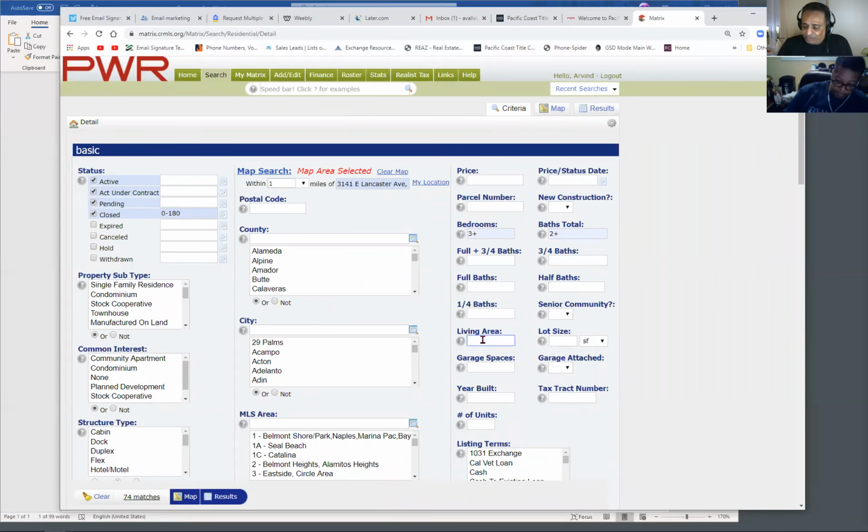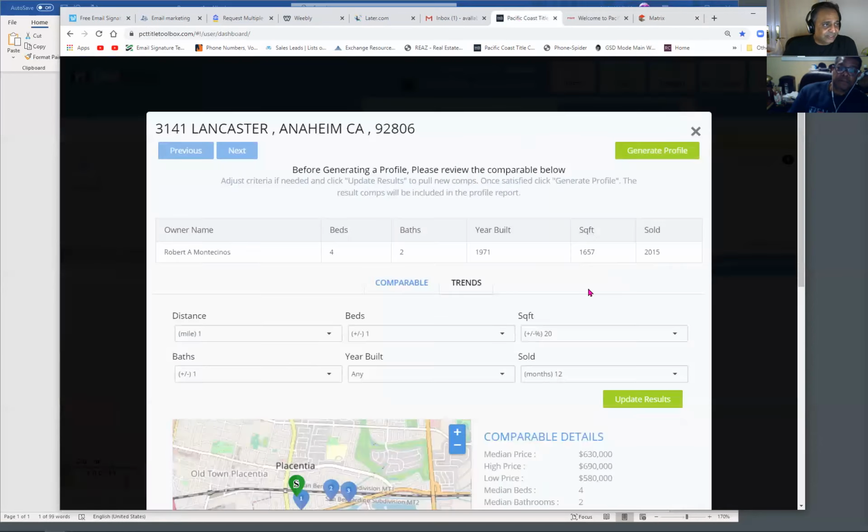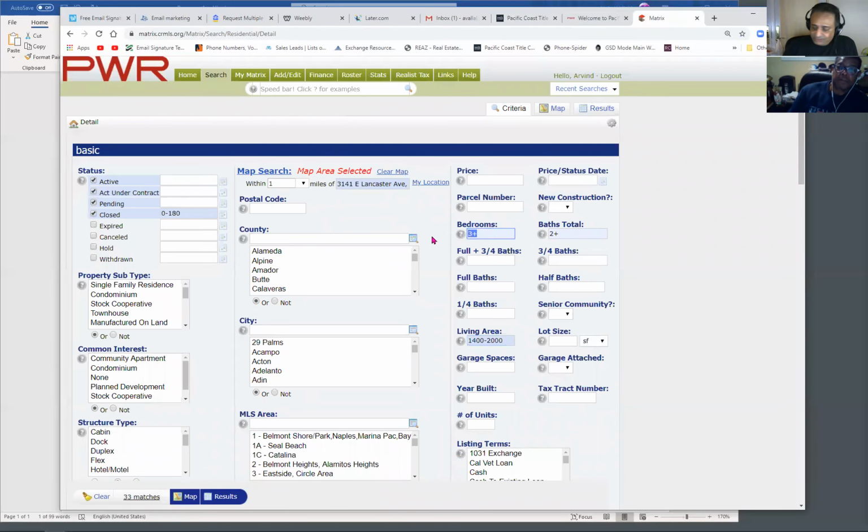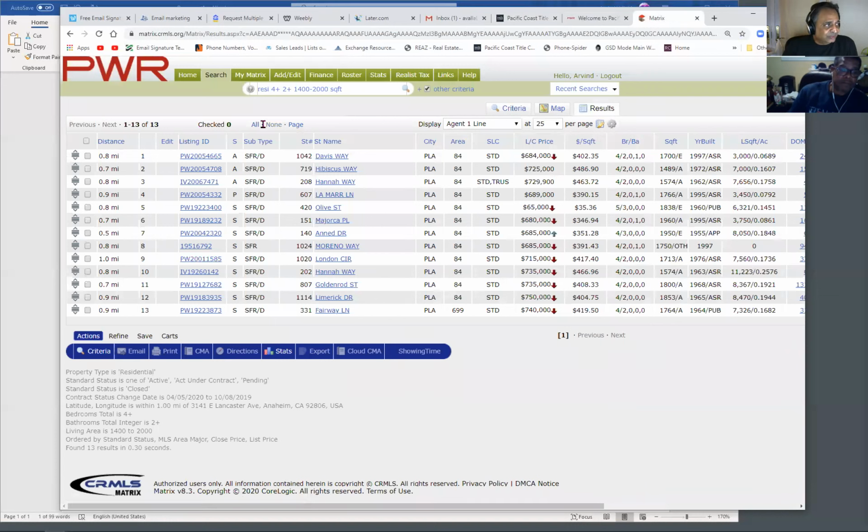So we're going to be at 1400 to 2000. And we got 33 matches. So how many bedrooms does this one have? I think it's got 4 and 2. Let's make some changes here. 4 plus, 2 plus, down to 13. Perfect. Do a results. Select all.